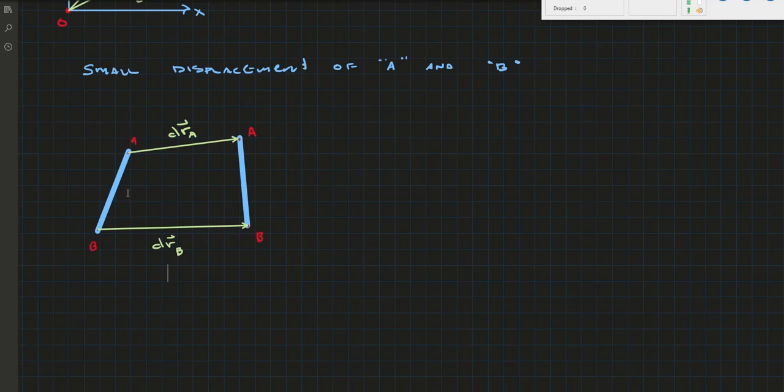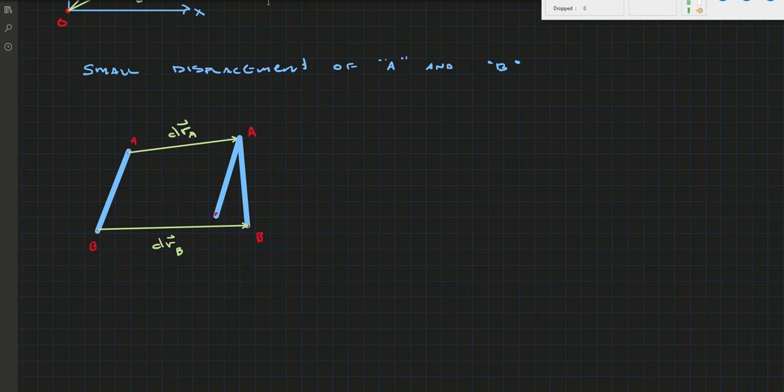Okay, so what has happened here is we've translated it to point A and then rotated it onto B. So the link has essentially gone through a translation and a rotation. I'm going to change the size of this. It doesn't actually change the size, but I'm going to do that so you can see these vectors I'm going to draw.